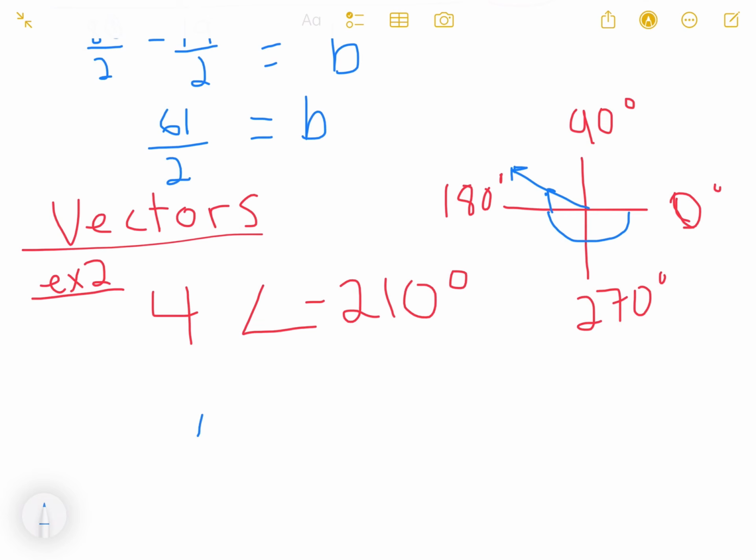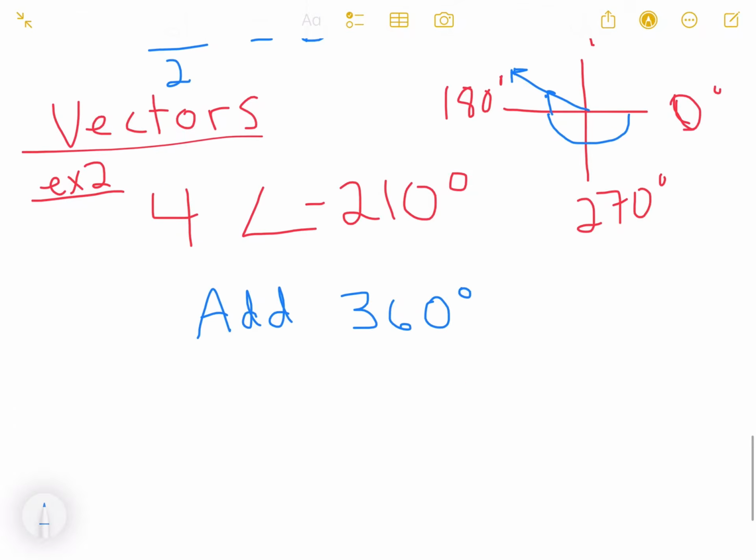So basically, if I have this negative angle here, go ahead and add 360 degrees. If I add 360 to this, what do I get? I get 4 at an angle of 150, and I think we can see that from our graph there. I'm facing 150 degrees.